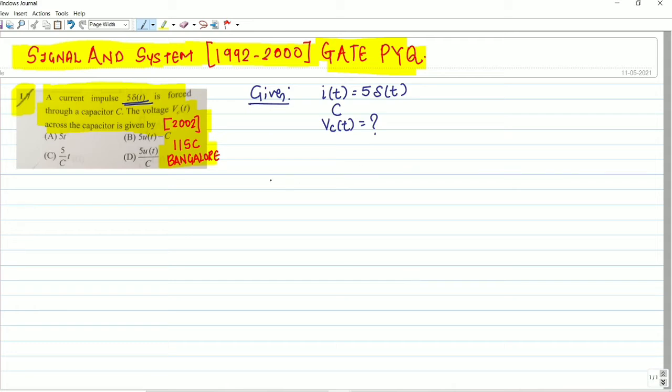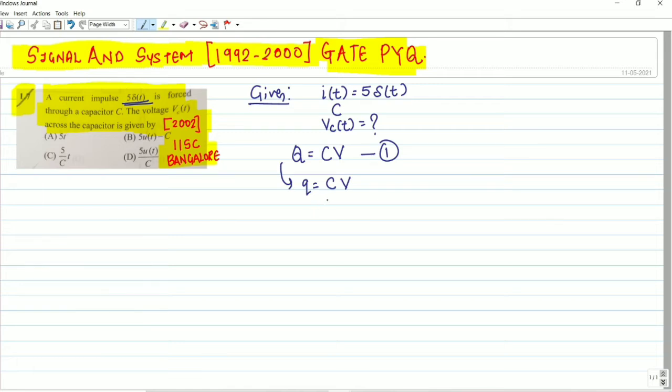First of all, I am going to revise the basic formula. We know the charge on a capacitor: Q equals CV. This is the basic formula all of you have studied in class 12th in basic electrical engineering. This can be written as small q equals capital C into capital V. Understood? Both are similar.